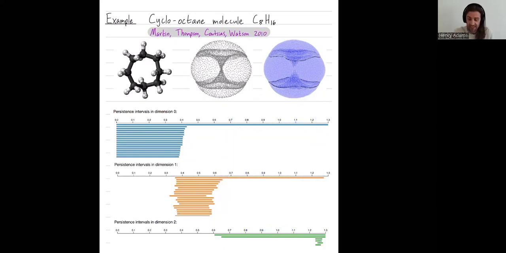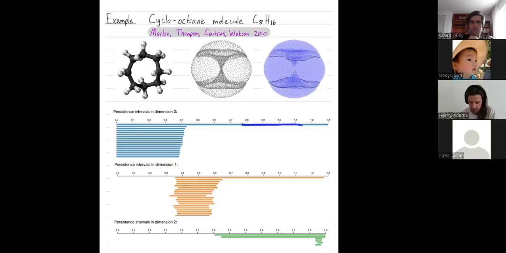It turns out this conformation space of this molecule is a sphere, which you can see, with a Klein bottle glued inside. So this hourglass that you see here is actually a Klein bottle. The Klein bottle is attached to the sphere along two circles of singularity. And when you glue a Klein bottle to a sphere in this way, you end up producing this homology profile.